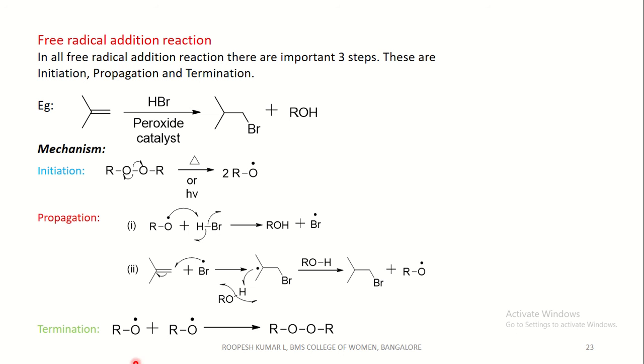In the termination, this alkoxide radical forms a peroxide, which is formed in the propagation step as well as in the initiation step. We can regain this catalyst, and this is the perfect example of the anti-Markovnikov's rule.